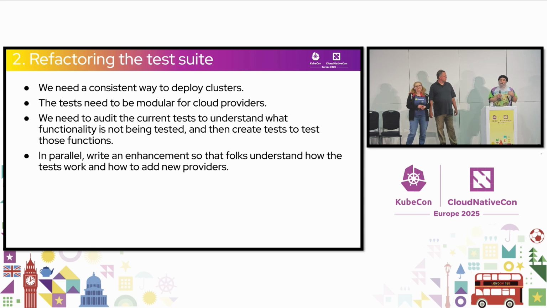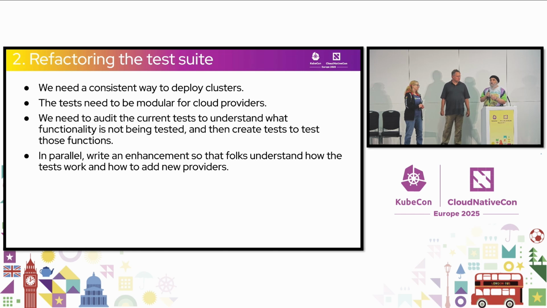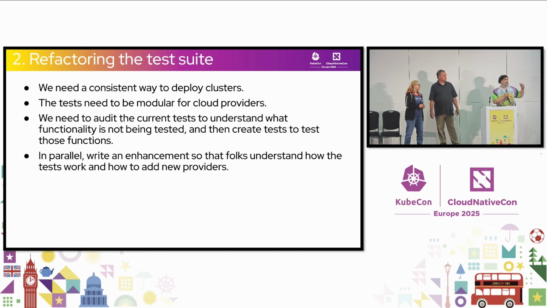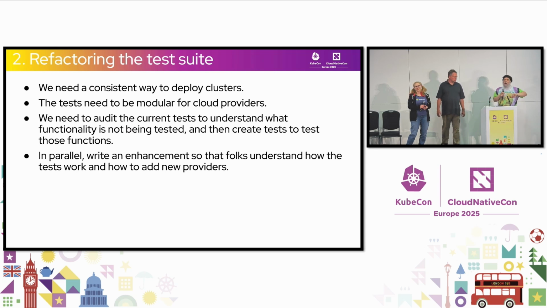And in order to make a future where people can come and have a self-service experience where they can work on their repository and then commit those changes and share them with all the test infrastructure, we need to be able to refactor the test suite so that we can distribute this functionality, so that we can have a common test that says, when I drop an interface and bring it back up, what happens? Does that work? And each cloud provider can then say, yes, I can do that, or no, I can't do that. And then they can actually give the functionality to do it that way, so that we can start to make these more modular over time.